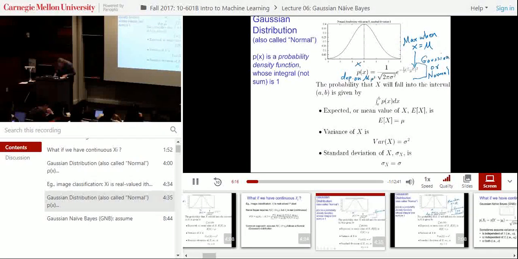It depends on both mu, the mean, and sigma. Mu determines where it's maximized, where the top of that bell curve is, and sigma determines the width of the bell curve, how squeezed or spread out it is. If you haven't seen that formula before, you can just look at it and do some quick calculations of your own to develop your intuition. Okay?